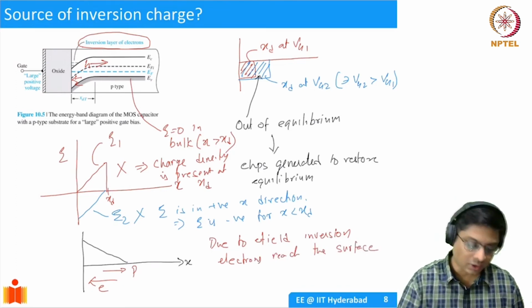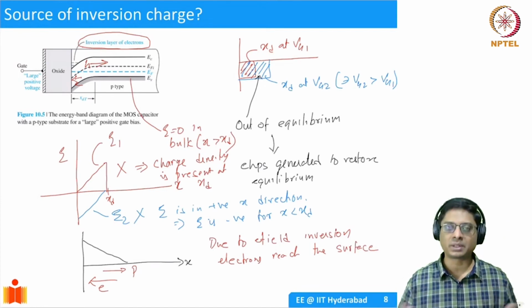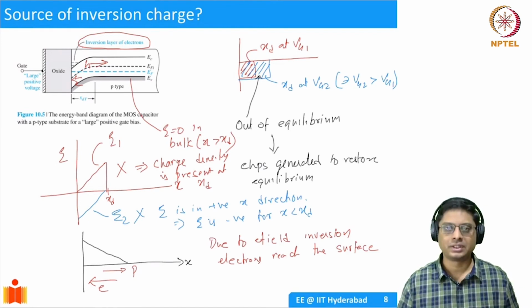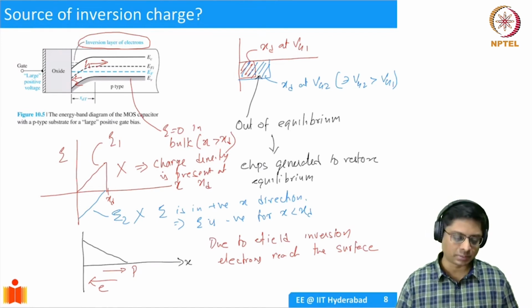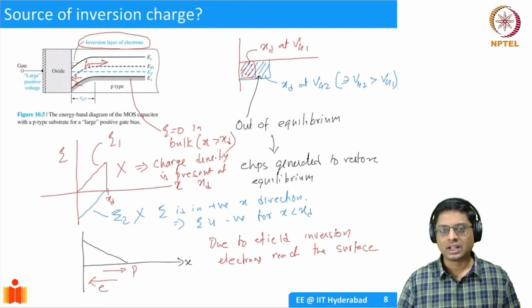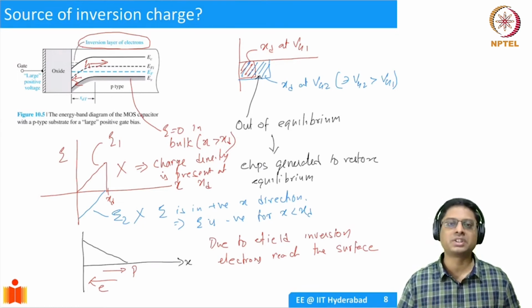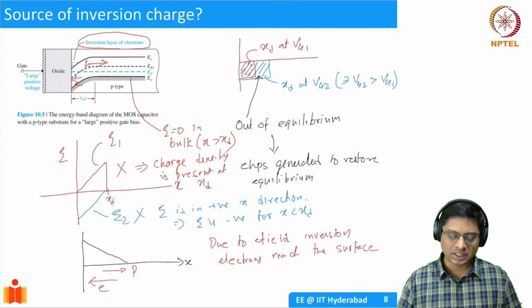So that's why we call it inversion. Essentially, we are having a p-type substrate, and now we are flipping it. We are making it have electrons. So we are inverting the substrate. That's why this regime is called inversion. And in a MOS capacitor, the source of these inversion charges is electron hole pair generation. In a MOSFET, it is going to be something else. We will see that.